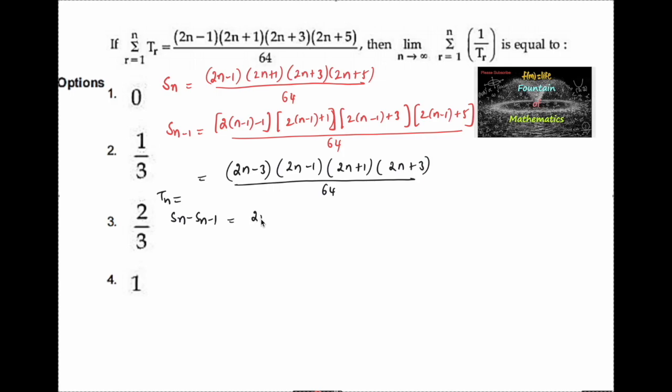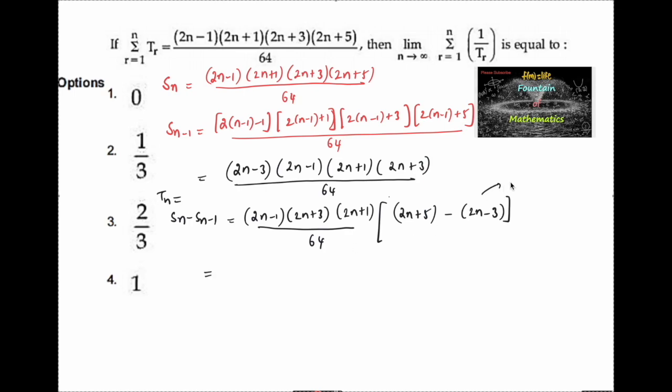We can take common 2n minus 1, 2n plus 1 and 2n plus 3, divided by 64, and the remaining terms we can write 2n plus 5 minus of 2n minus 3, and simplifying, 2n plus 5 minus 2n plus 3, that is 8.